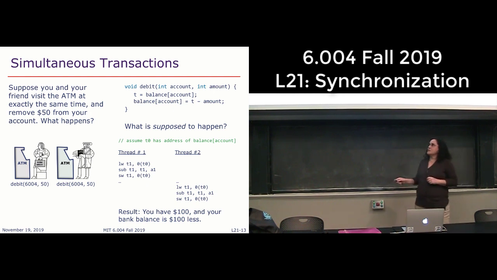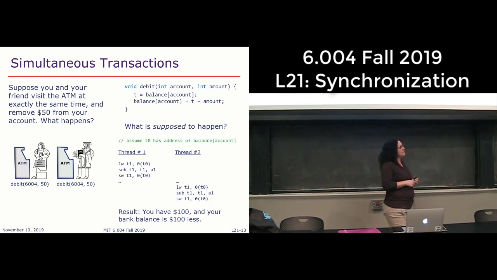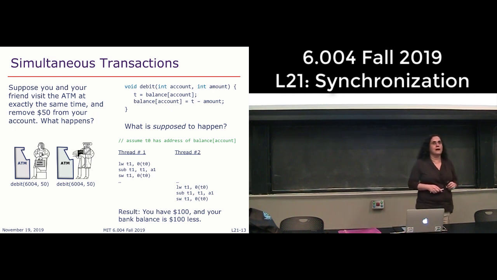Then you're subtracting the amount that you're taking out of it, which is in A1, since A1 is the second argument. And finally, you take the updated T1 and store it back into the same location used to store the account balance. So assume you had $1,000 in your account and you came to take 50 out, you would end up with $950.